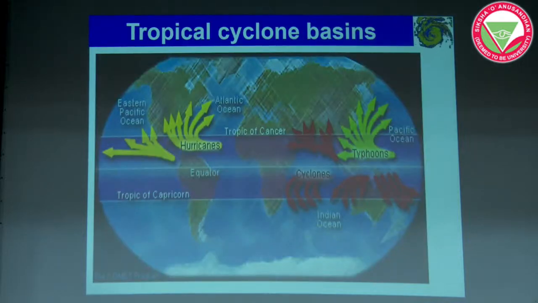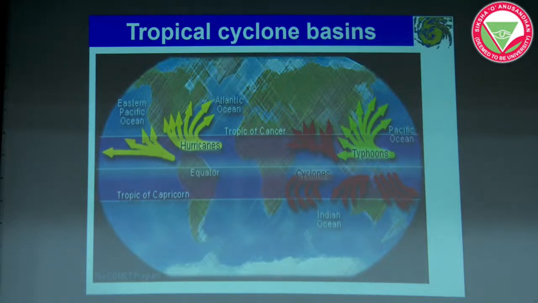And tropical cyclone, the name tropical means it occurs in the tropics only. That is from 5 degrees north to 30 degrees north, 5 degrees south to 30 degrees south. We don't get any cyclone from 5 degrees south to 5 degrees north, because that is the equatorial region. Due to rotation of the earth, there we don't get a deflected wind so much, so we get it only in this zone.